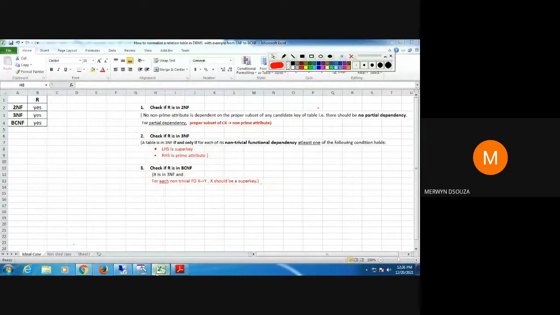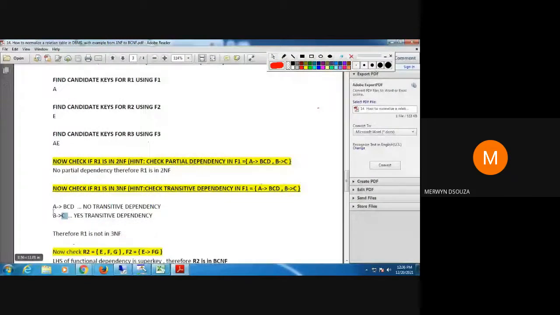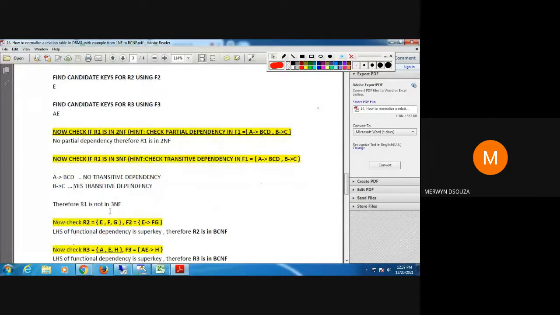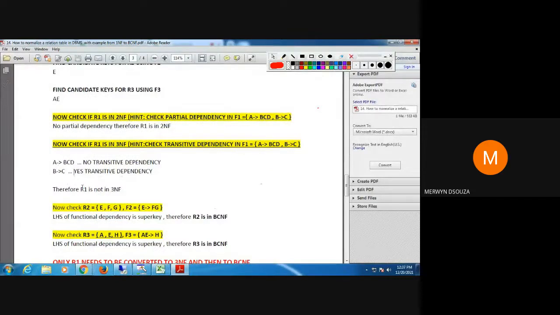Therefore there is a transitive dependency here, so you need to break this transitive dependency. Again, you will take R1, take this functional dependency, and remove the transitive dependency.